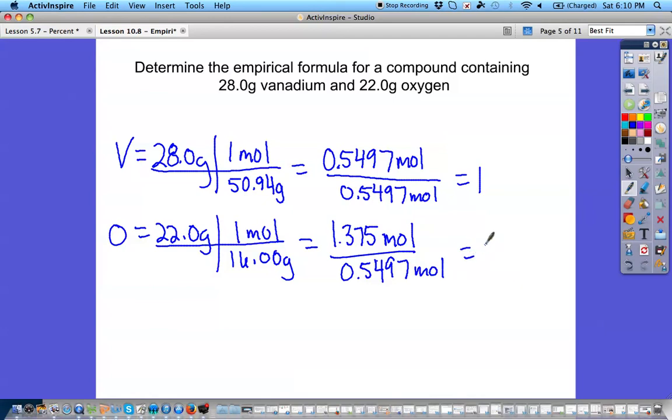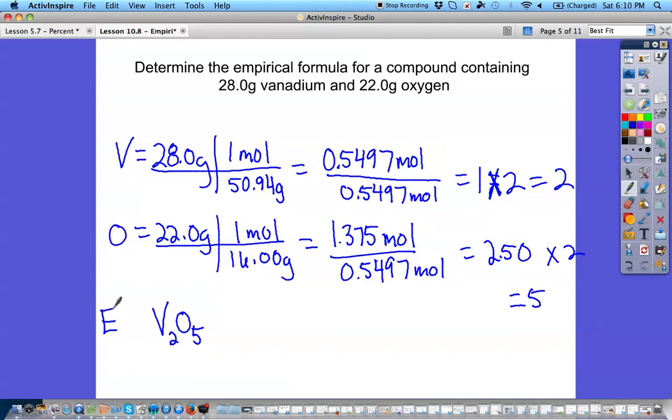And here I get 2.50. So we need to multiply these by 2 to get a whole number. And this is going to be equal to 5. So my empirical formula is going to be V2O5. That is my empirical formula.